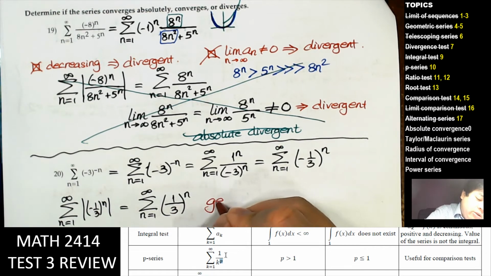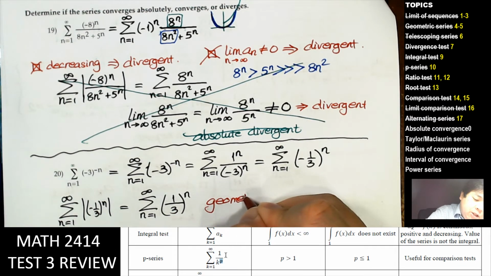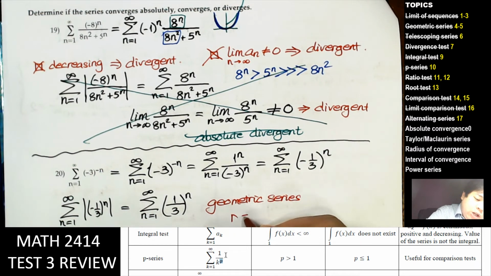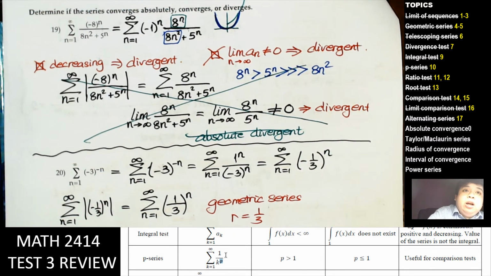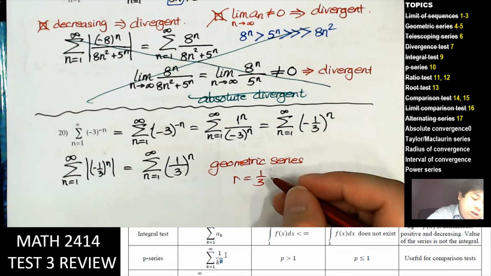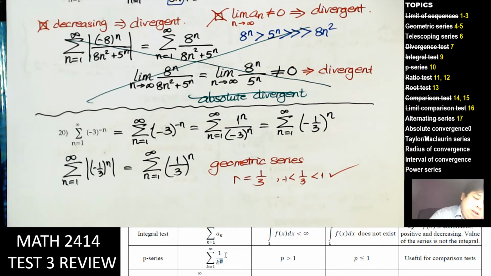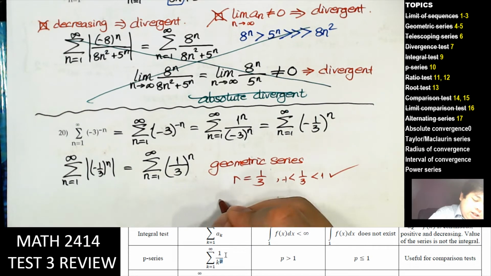And the geometric series with the ratio equal to 1 over 3, which is between -1 and 1, which means this is convergent.